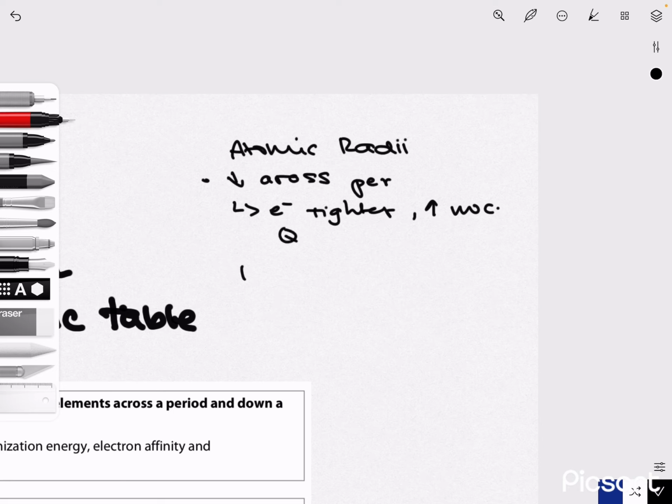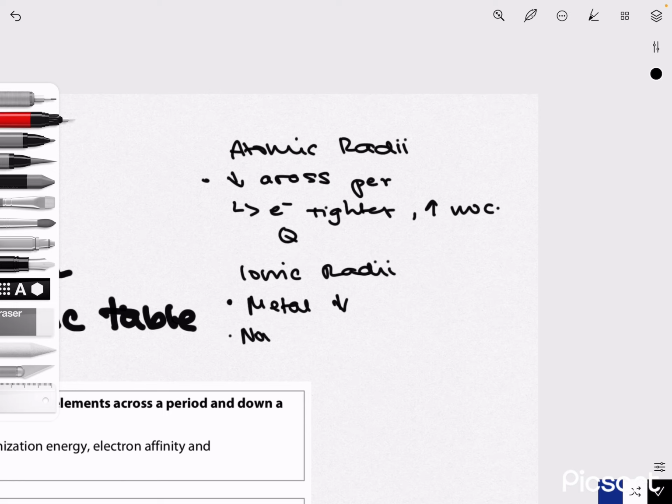Ionic radii links nicely into this, and in terms of metal ions, their radii decrease.